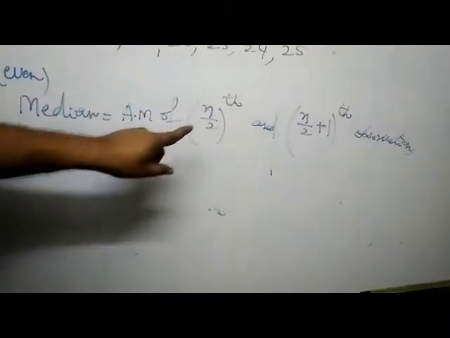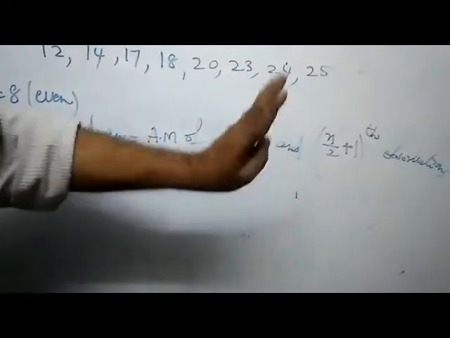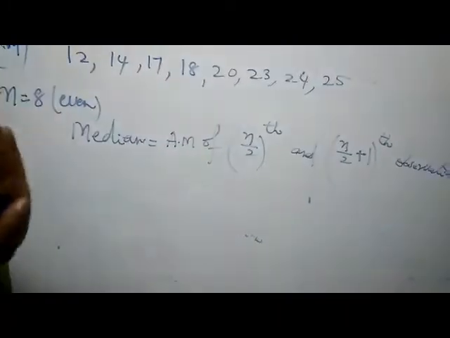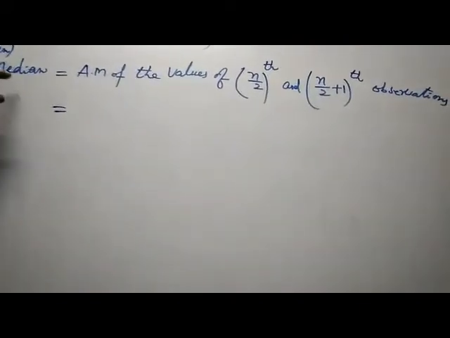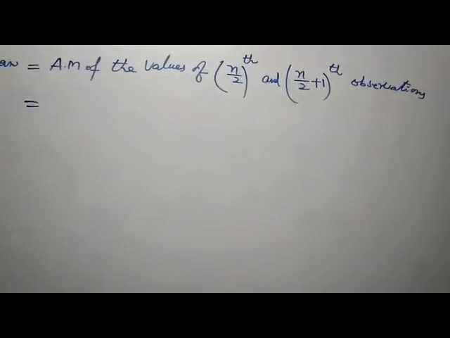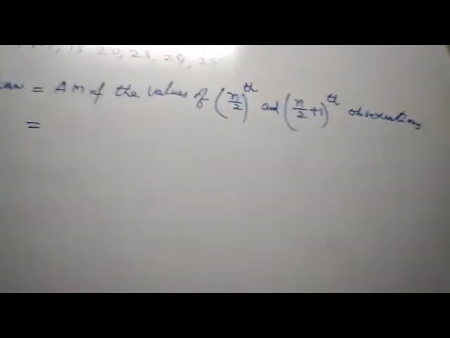So, median is the arithmetic mean of n by 2 and n by 2 plus 1th observations. If n is even, n is equal to 8, even, so median formula is the arithmetic mean of the values of n by 2 and n by 2 plus 1th observations.